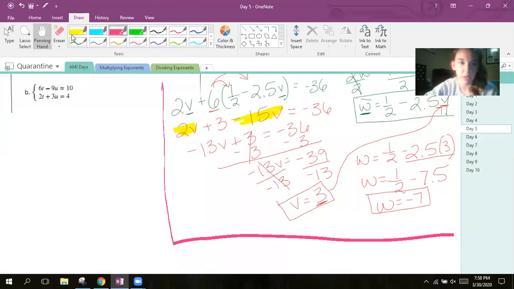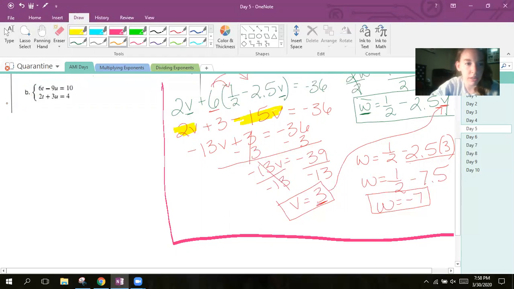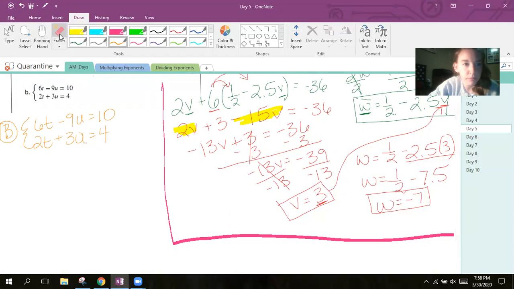Okay, so I'm looking at B now, so I'm just going to come down here and rewrite B. So our system of equations is 6t minus 9u equals 10, 2t plus 3u equals 4. That's a u. Just don't want it to look like a weird letter.